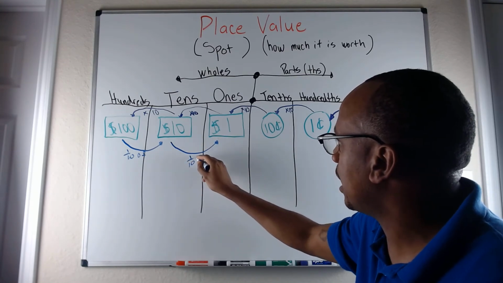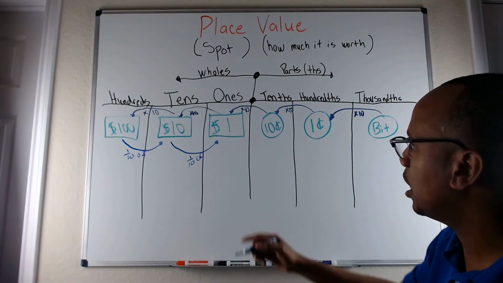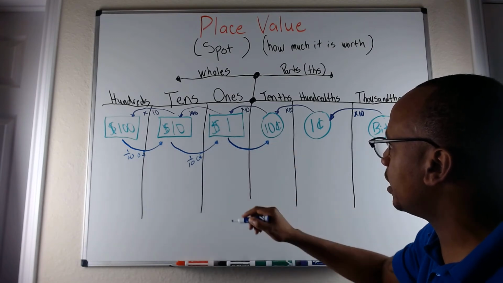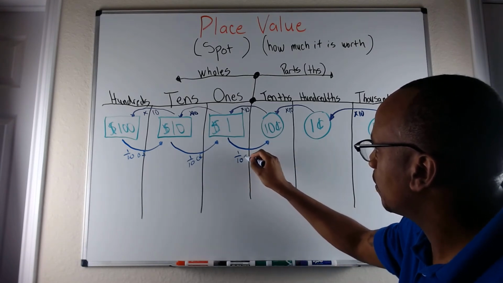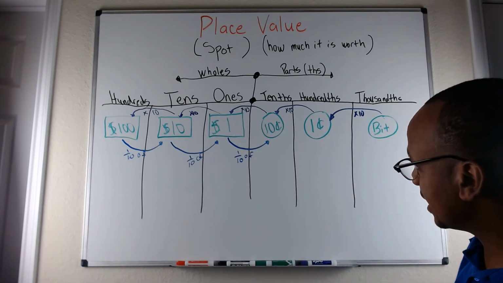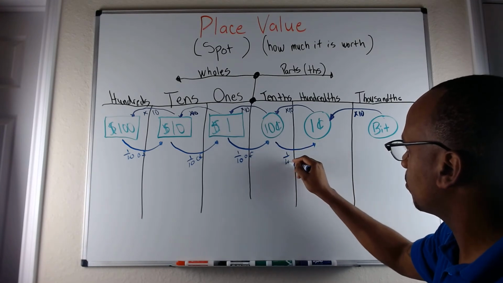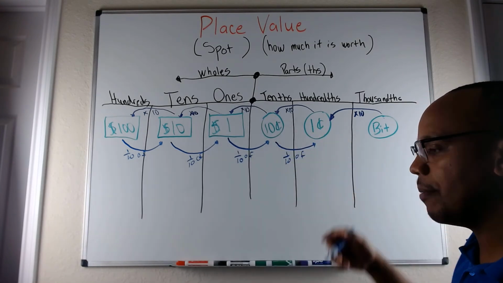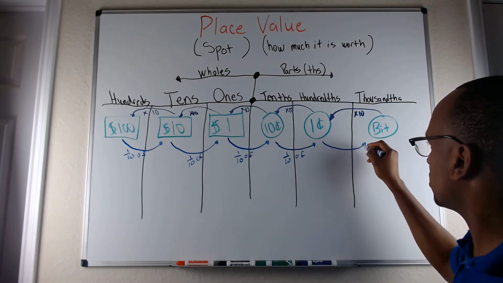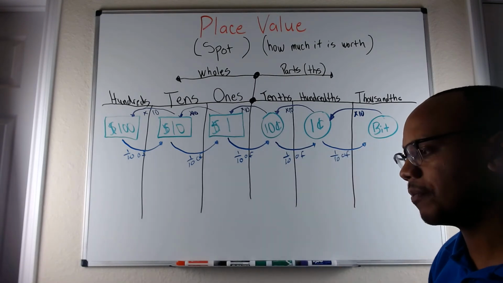A tenth of that $10 bill is a $1 bill. I can take a $1 bill. If I'm trying to find what is a tenth of that $1 bill, a tenth of that $1 bill is a dime. I can take a dime. What is a tenth of that dime? A tenth of a dime is a penny, right? And a penny broken into 10 pieces is what I would tell my children is worth a bit, right?